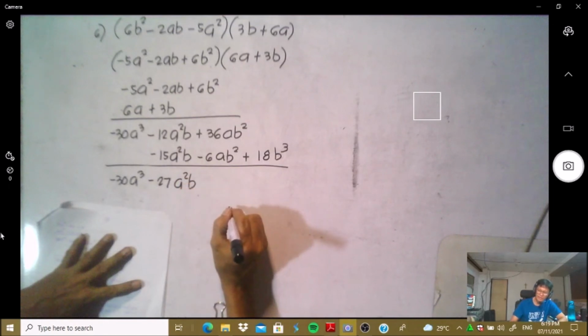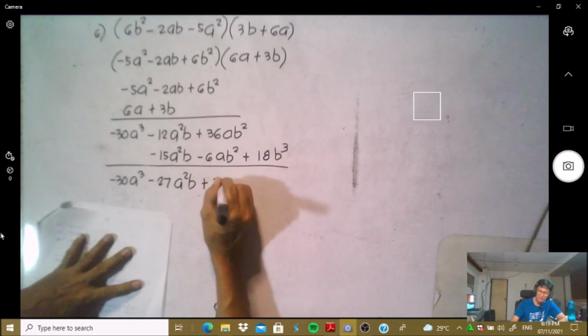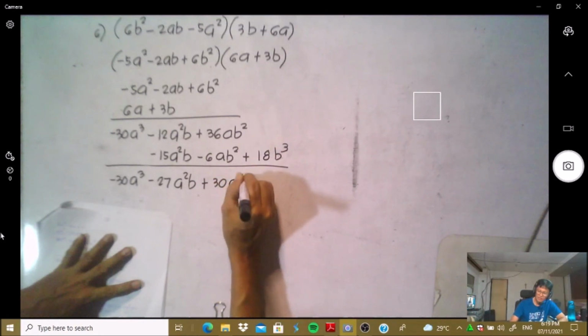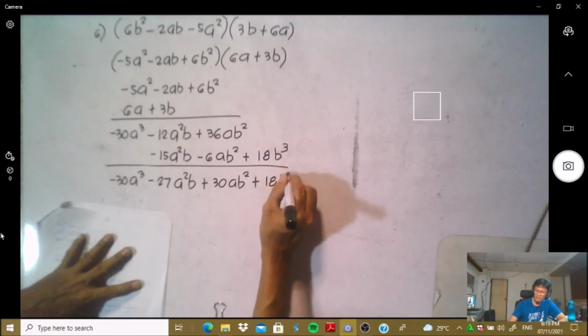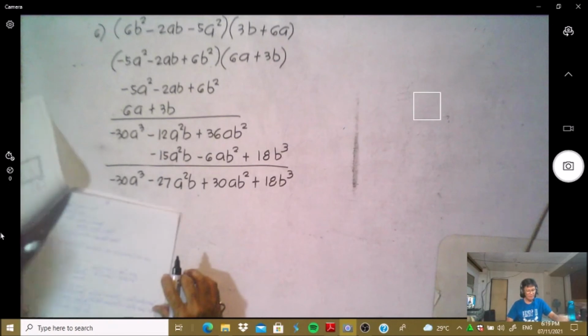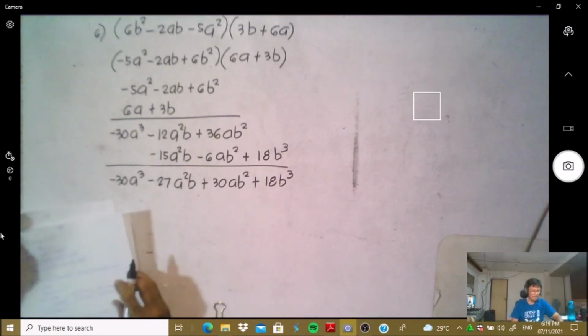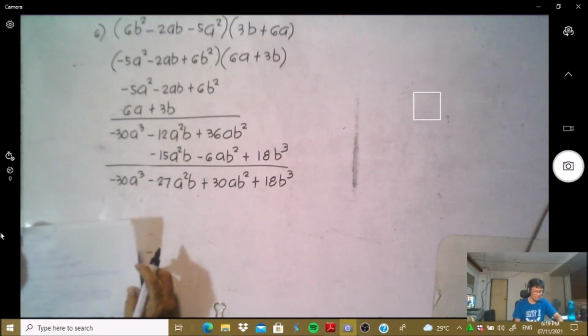Then we have 36 minus 6 is 30, so plus 30ab squared, then plus 18b cubed. Okay, so that is our answer: negative 30a cubed minus 27a squared b plus 30ab squared plus 18b cubed.